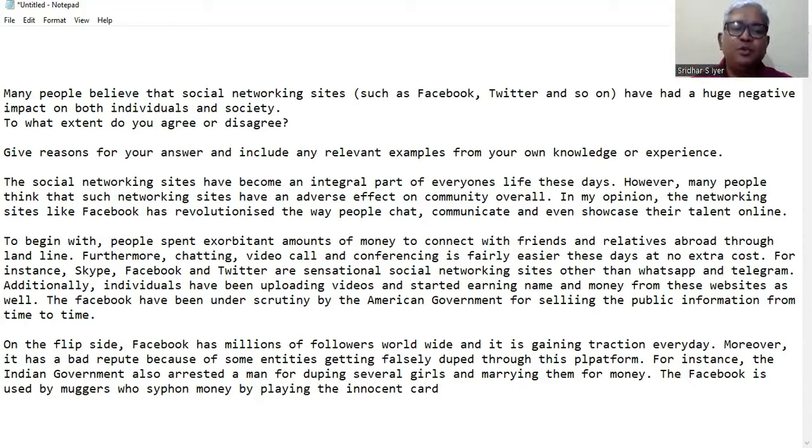Okay, the Facebook is used by muggers, people who claim that, my son is not keeping well. So they raise money through Facebook. I've heard it is happening.